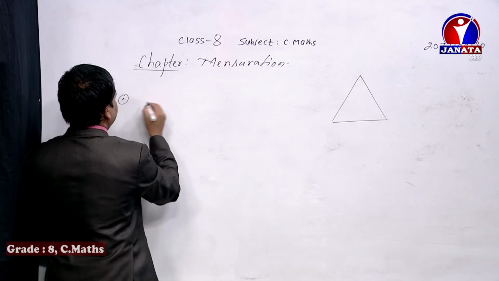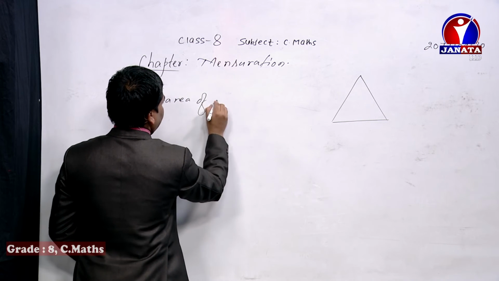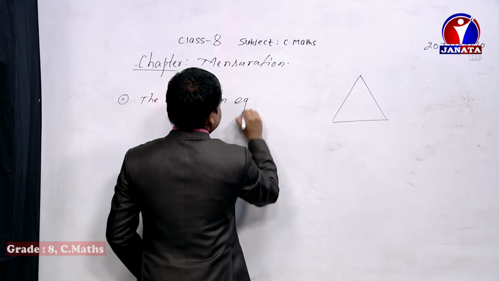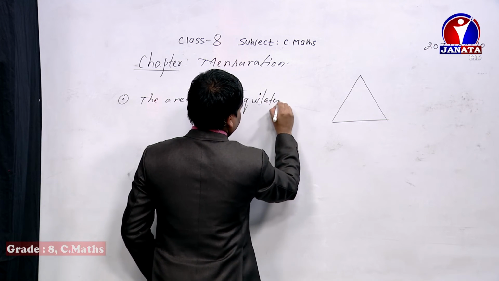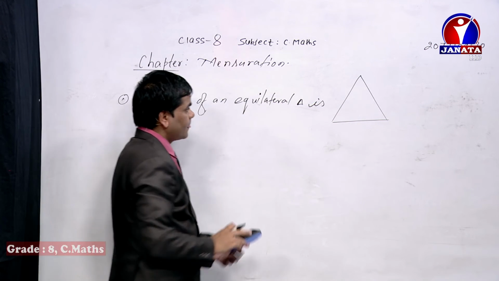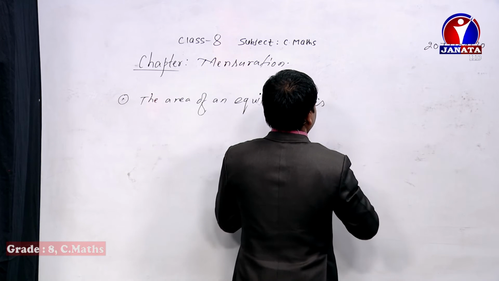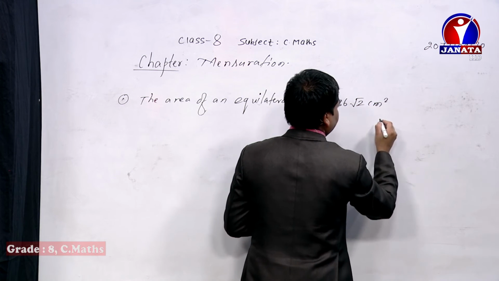Let's take one question. The area of an equilateral triangle is 36 root under 2 centimeter square.